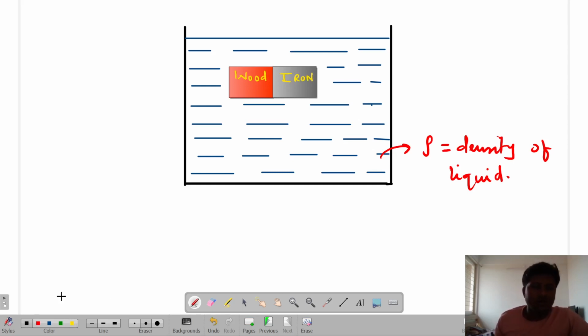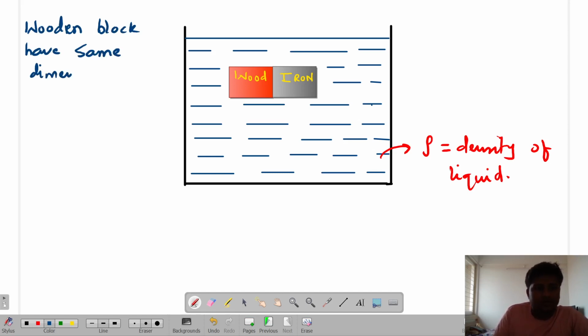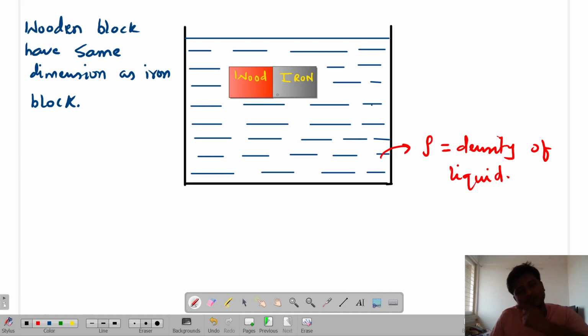Now look over there. Although they have the same dimensions, the wooden block has the same dimension as the iron block. Now you know that the density of iron is more, isn't it? So what will happen? The mg works from the center of mass, or not?